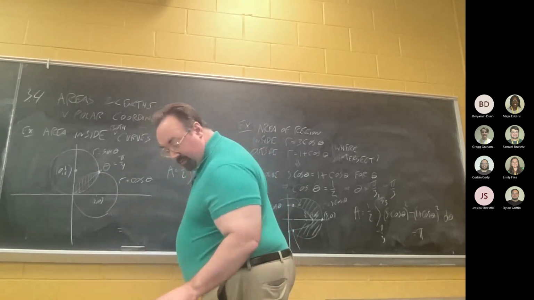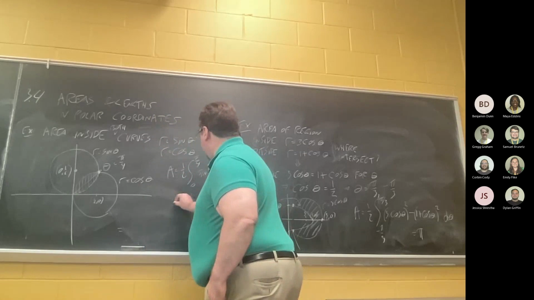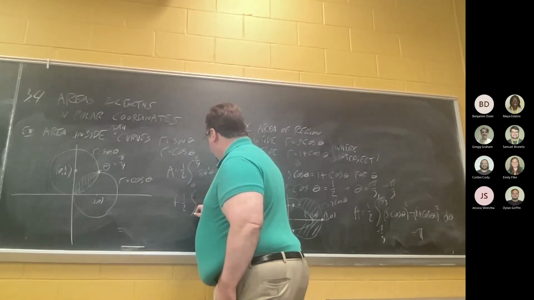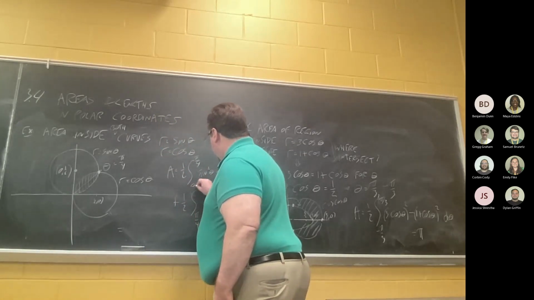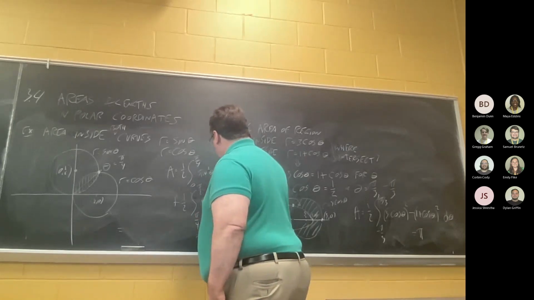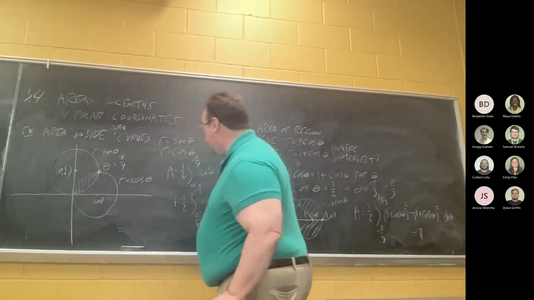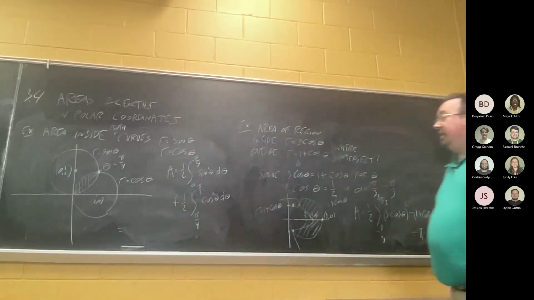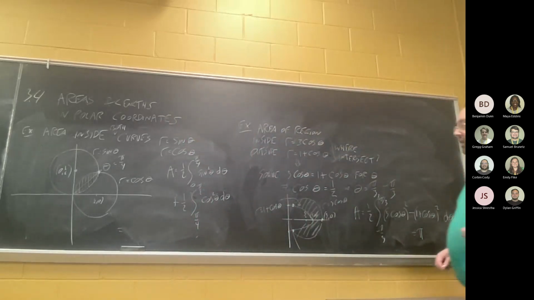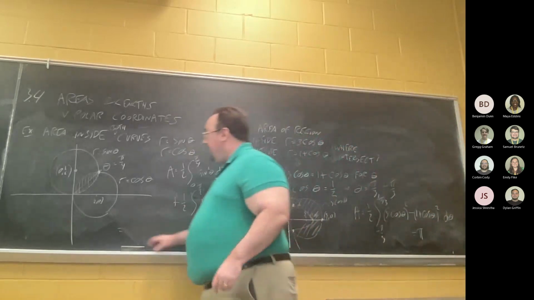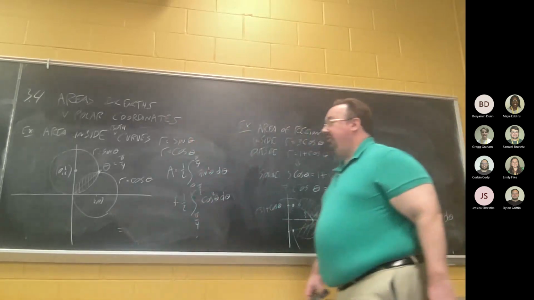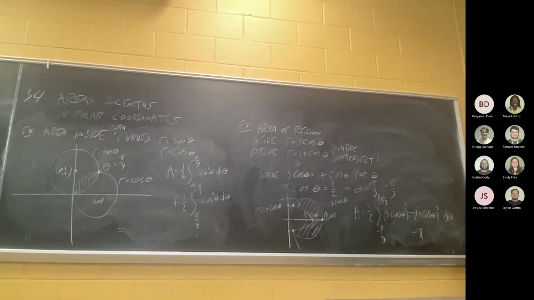And then for the remaining portion, from pi/4 to pi/2, we use cosine. So we're taking two polar regions and slapping them together, defined by different polar curves.